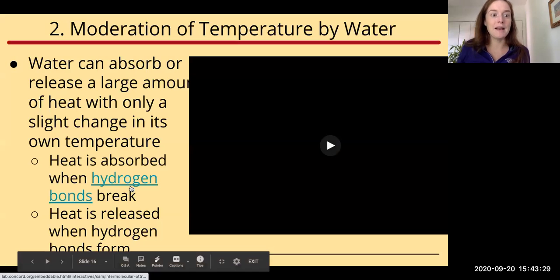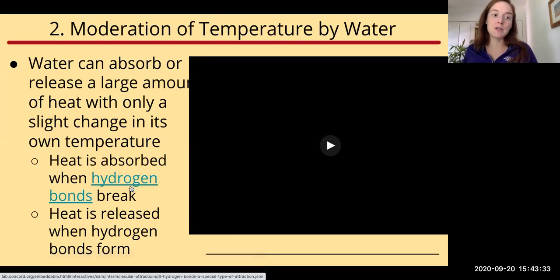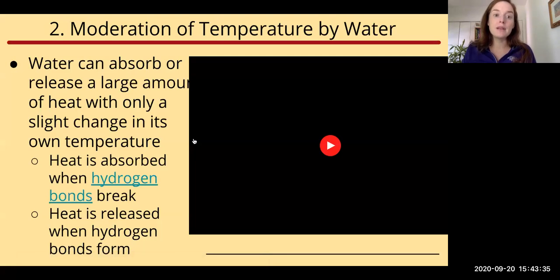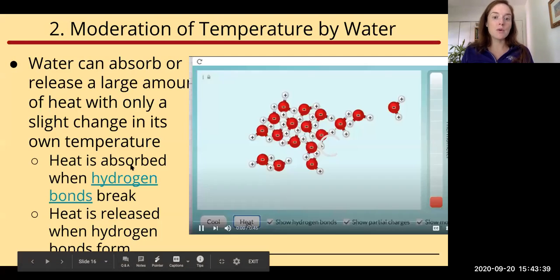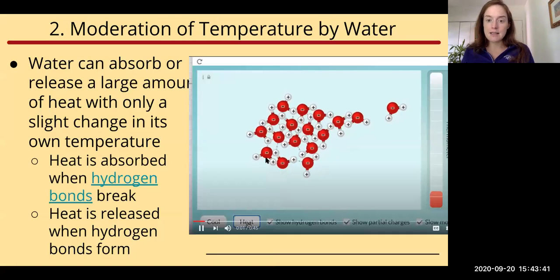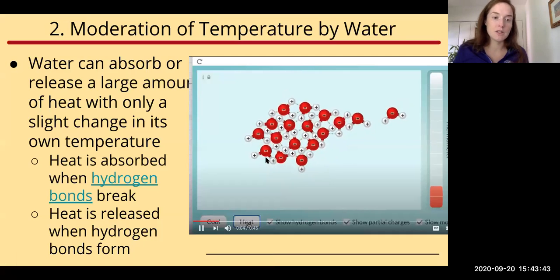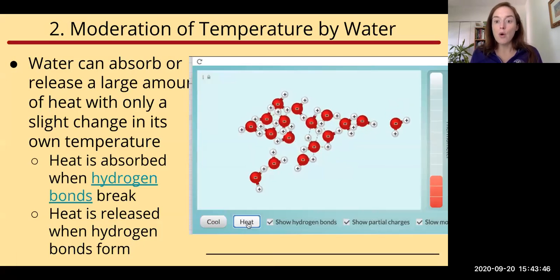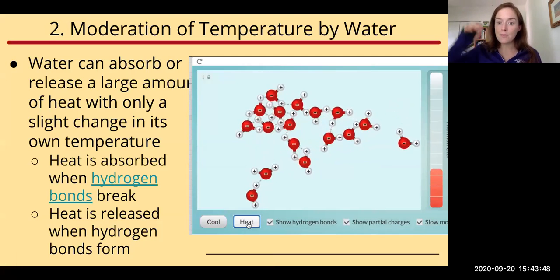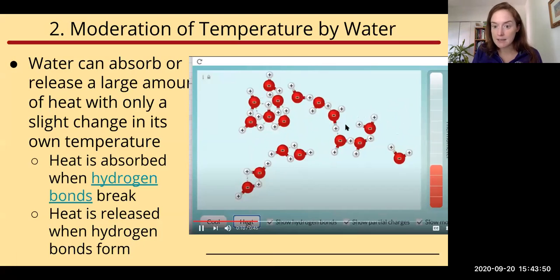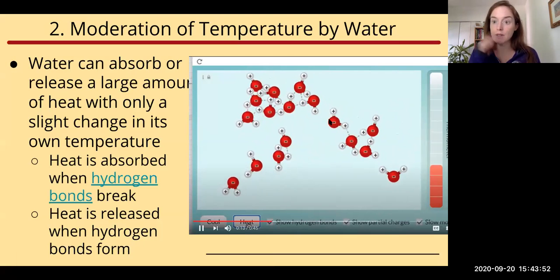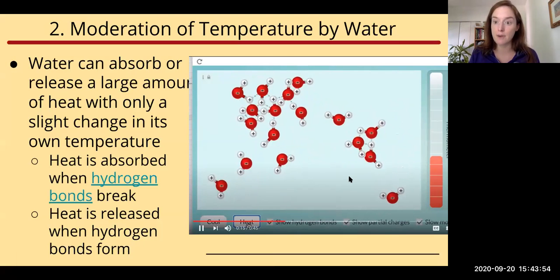so it's pretty cool. All right, number 2, who cares, why is water so special? Again, the ability of temperature moderation is huge in water. So here, I like this little sim because it shows that in order to raise the temperature of water, these hydrogen bonds, these little dots between different water molecules, have to be disrupted.